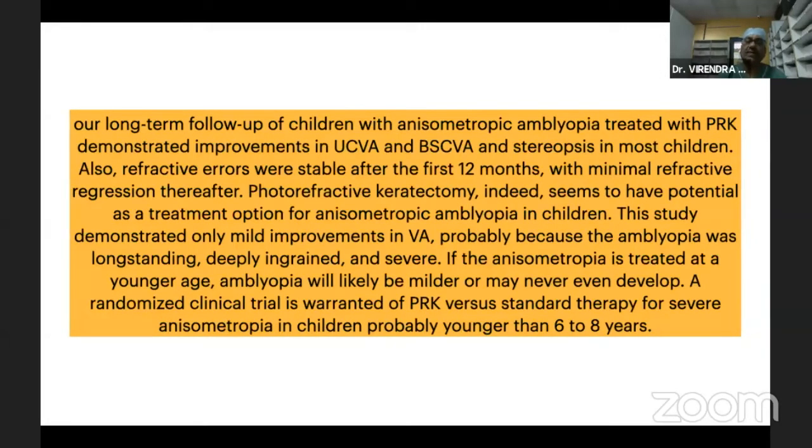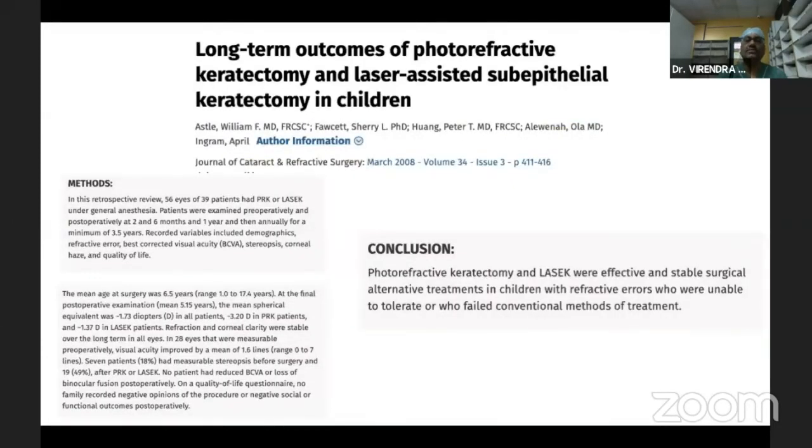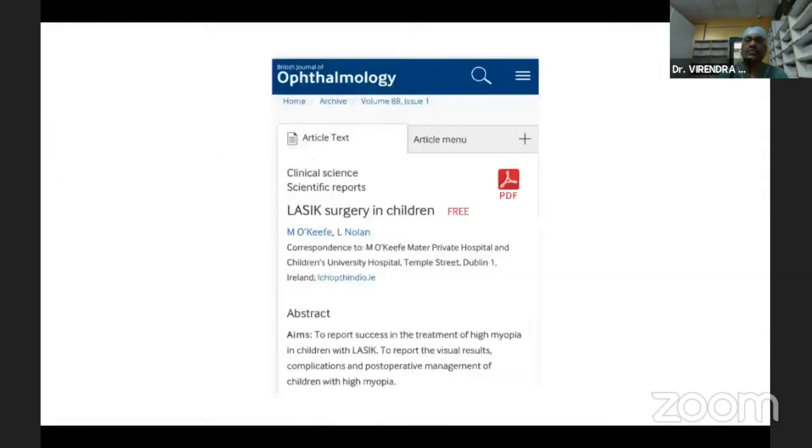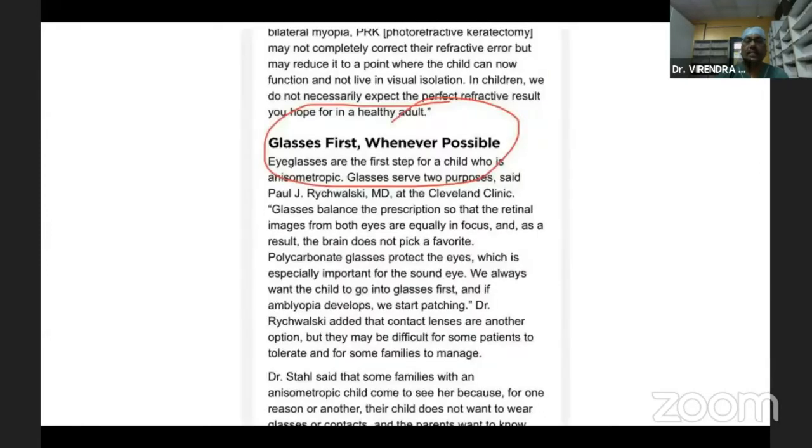And definitely we as a refractive surgery group are thinking about whether we can prepare some guidelines which can be used for doing it more often for good results. But again, as I said, there are so many issues which I will discuss. For surgery in children, even in the review articles, the line given is glasses first whenever possible.